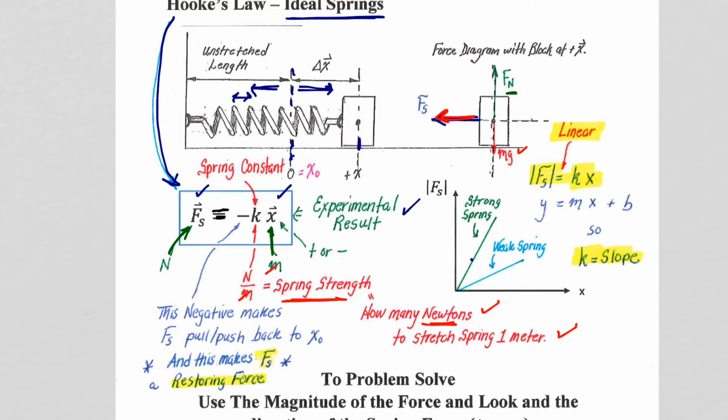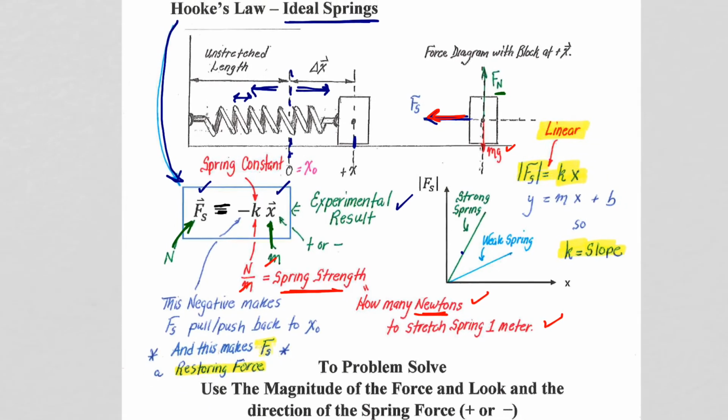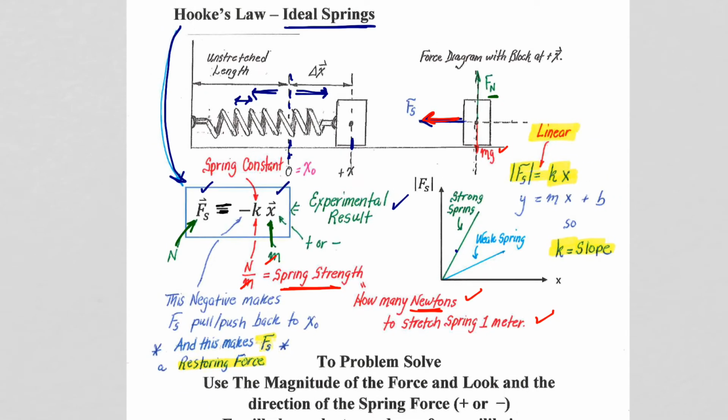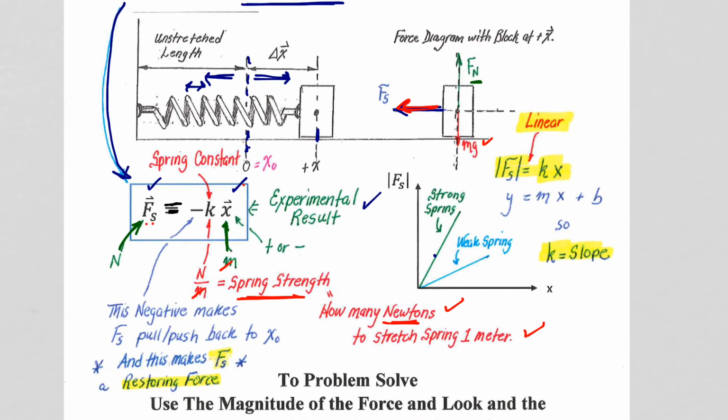The other thing about Hooke's law is we can see the force is linear with position, meaning the more you stretch the spring, the greater the spring force is pulling back to 0. So if we consider over here force as a function of x, we'll have a linear relationship.